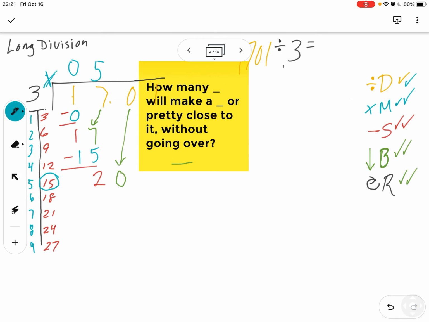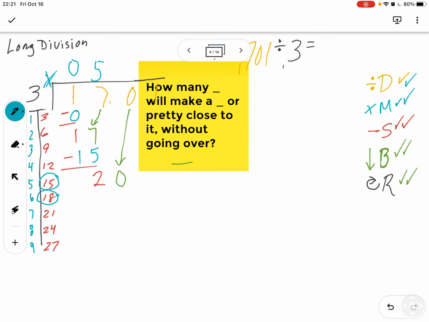This time I'm going to be looking at the 20 and saying how many 3's, that's my divisor, will make a 20 or pretty close to it without going over. I go back over to my multiplication chart. Well, there's an 18, pretty close to 20. 21 goes over.